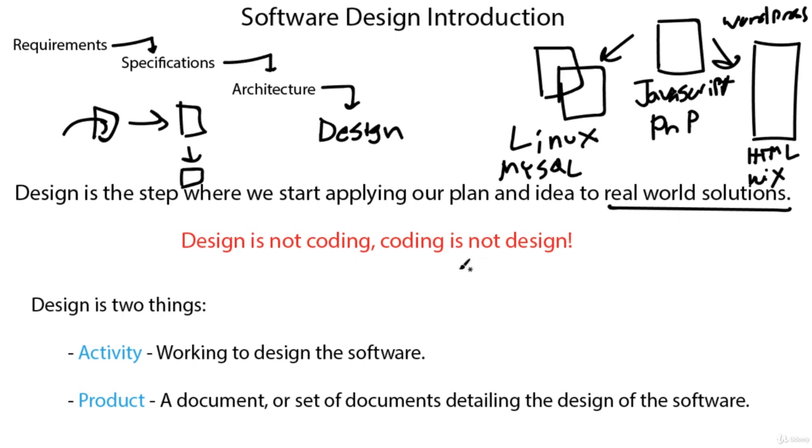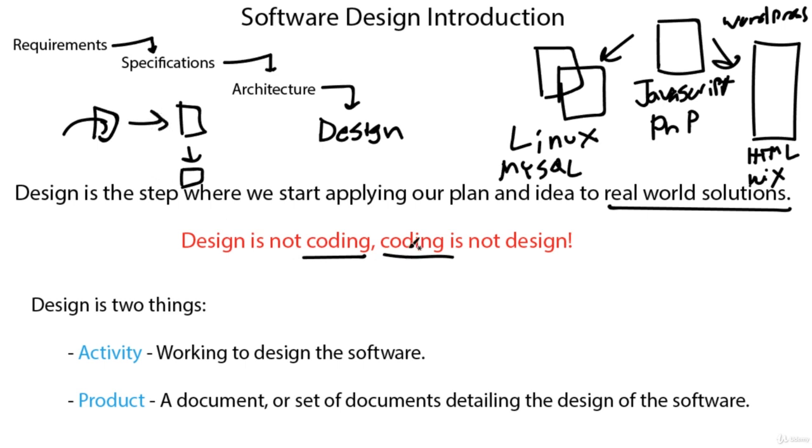We don't want to accidentally walk into the implementation, which is the next step down here. Design is not coding, and coding is not design, meaning we are not starting by building the framework out or anything like that. All we're trying to do is come up with what real world solutions exist, what we need to create, what technology we are going to use to create that, and what our game plan of doing that is. That's design.